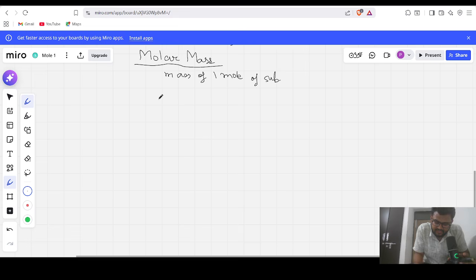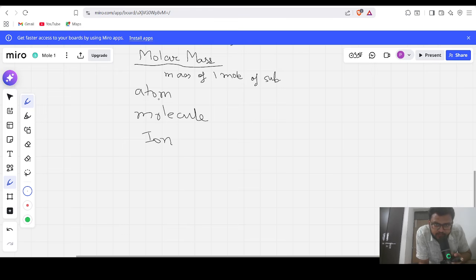The substance can be an atom, it can be a molecule, it can be an ion.